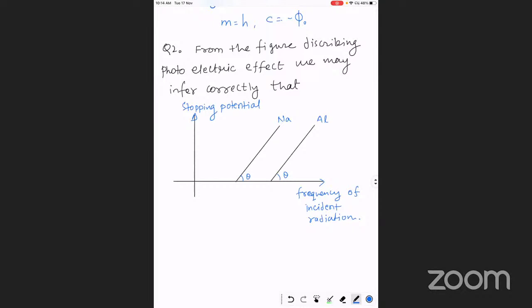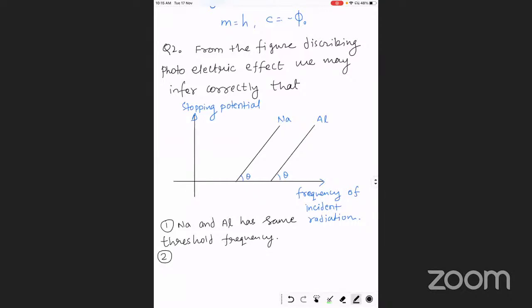Now read options. Same threshold frequency means cutoff frequency, right? Have same threshold frequency means they have same minimum frequency to eject electron. Okay.